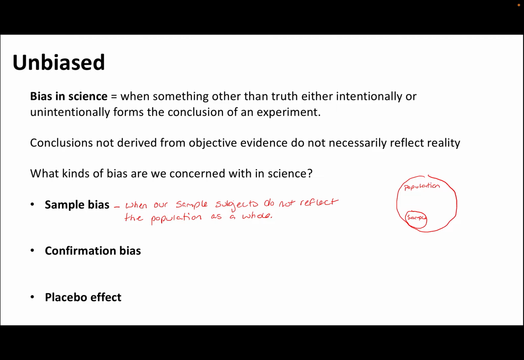Confirmation bias. Confirmation bias is when you either seek or interpret information so that the conclusion matches your initial thoughts.